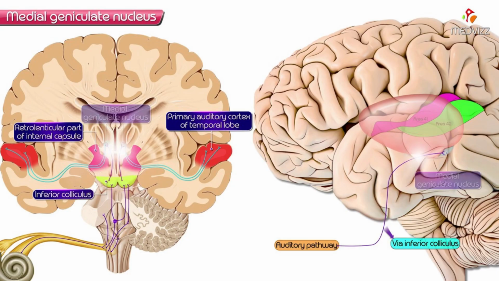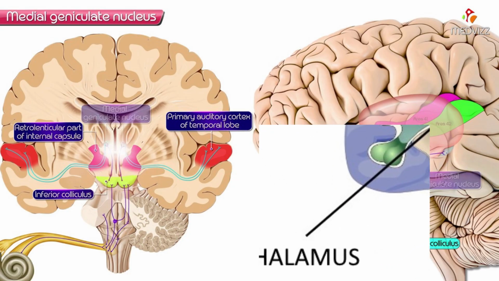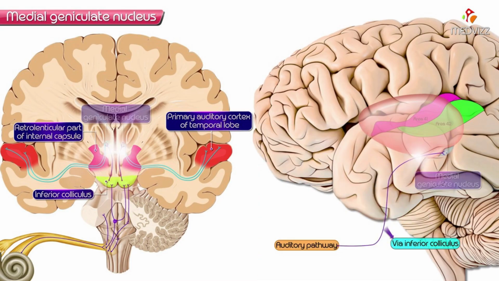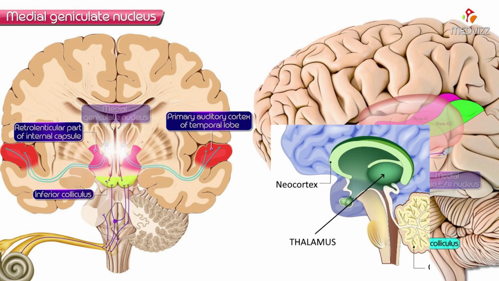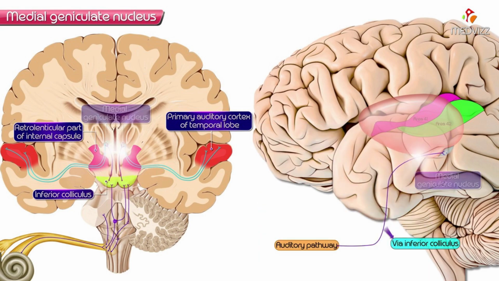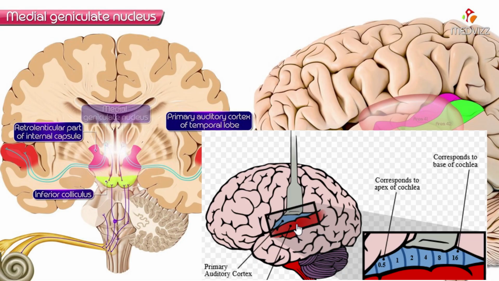For those of you who don't know, the thalamus or the medial geniculate body is very important in auditory processing, and the thalamus is primarily responsible for relaying and processing sensory signals to the auditory cortex.